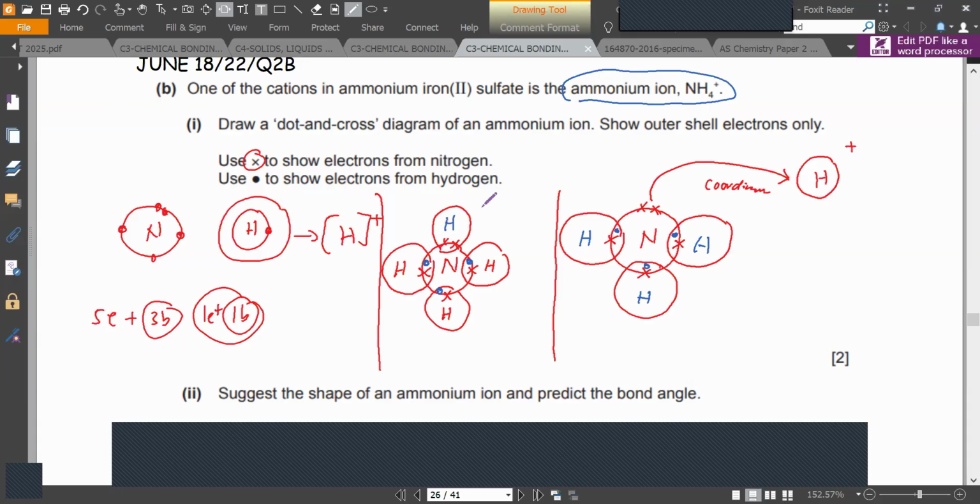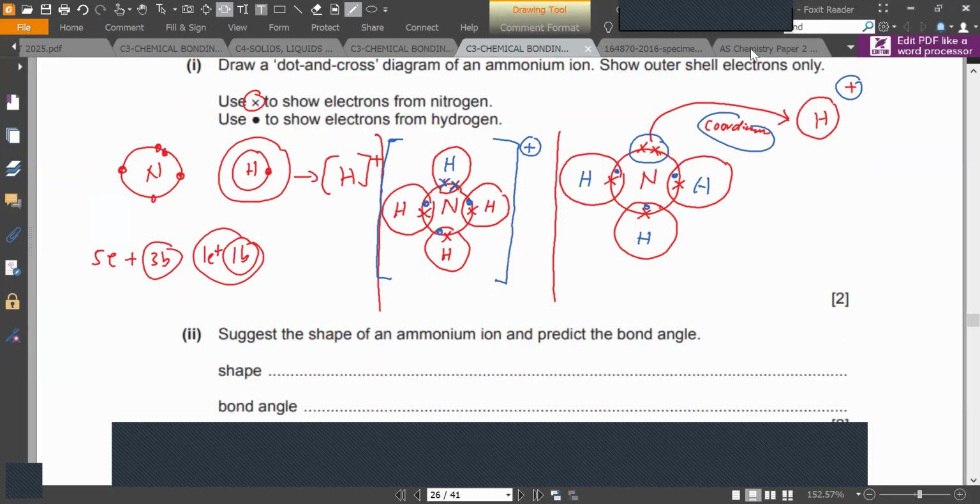So this hydrogen is the one that brings in the positive charge. So overall, we have this, positive charge. So that's the dot and cross diagram. And this one is a coordinate bond, so both electrons come from the nitrogen. Let's check our answer.